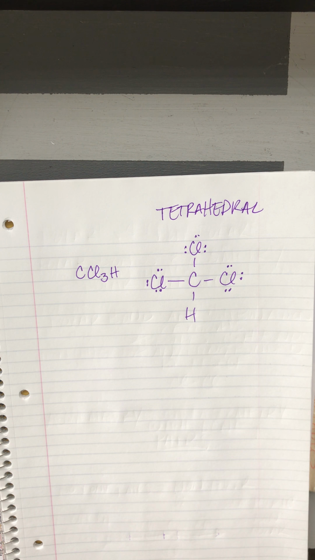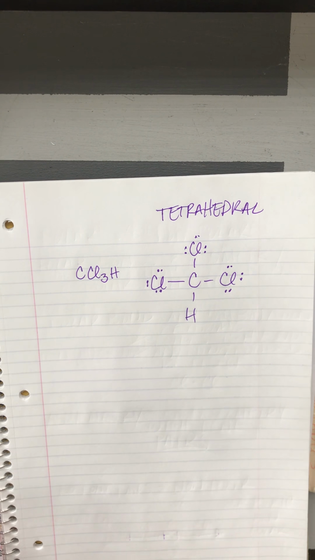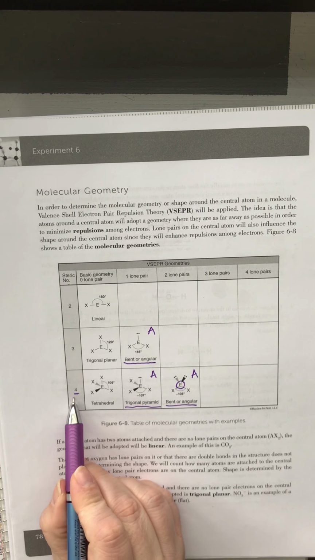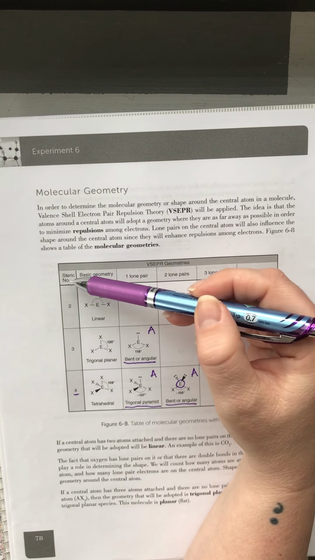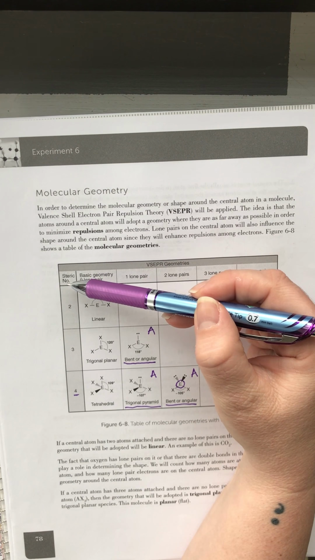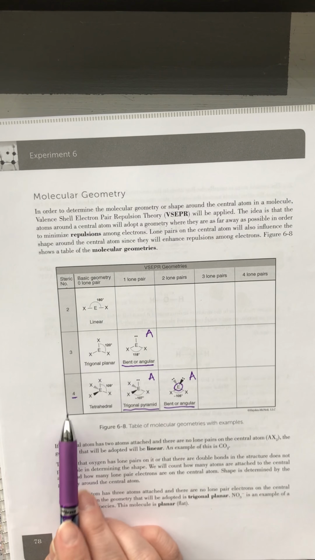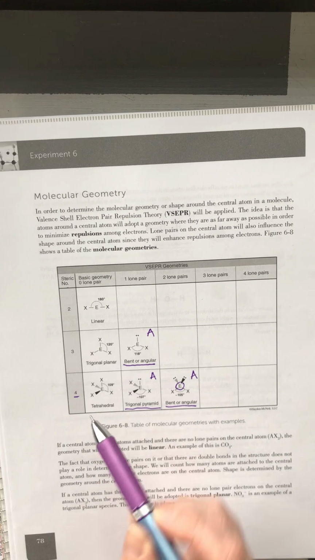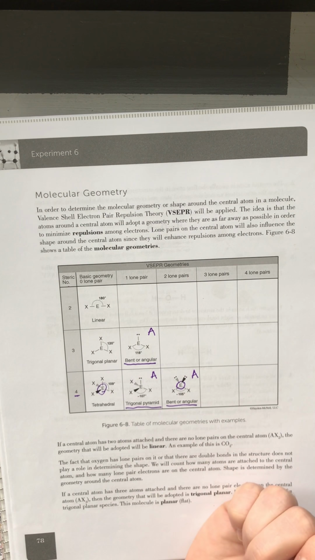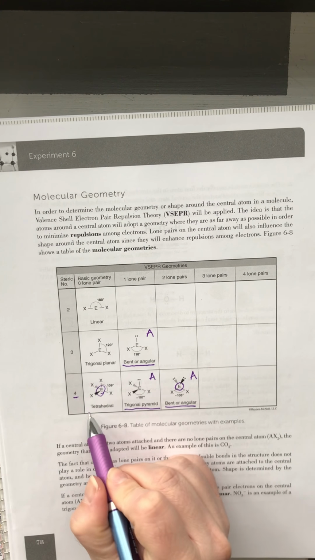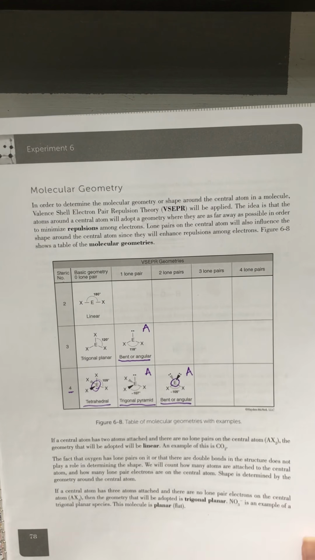Can you just explain that one more time? I'm kind of confused. If you have 4 attached atoms, steric number basically means attachments. So 4 attached atoms around your central atom means that you're tetrahedral. Oh, okay. I see it now.